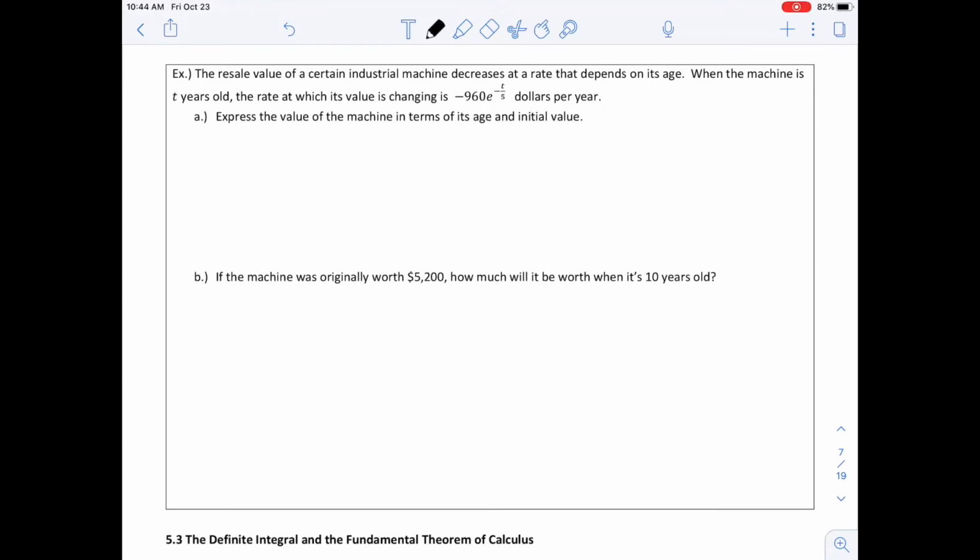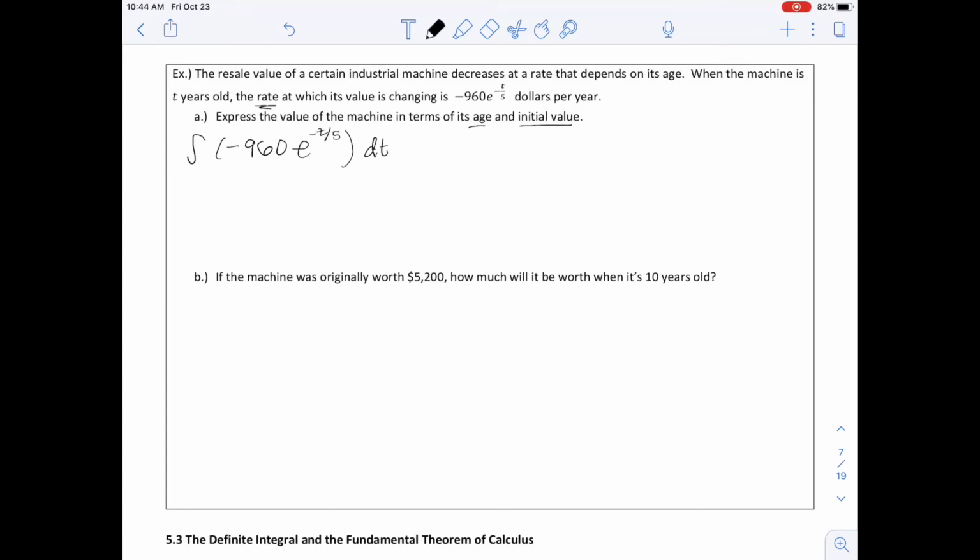So in order to do this, this is our rate. Remember, a rate is a derivative. To express the value of the machine in terms of its age and initial value, we will have to take the integral of that rate, which is negative 960 e to the negative t over 5, with respect to t, our time.